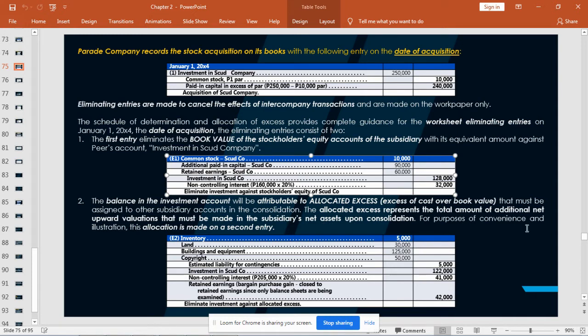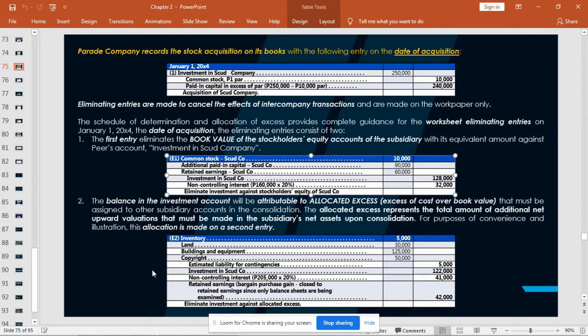For the purpose of convenience and illustration, the allocation is made on a second entry. Okay, so actually pwede nyo itong gawin as a one compound entry. Okay, but for our discussion and for further assessment, we will not use a compound entry. Okay, so if the problem is silent, we will have two sets of entries.